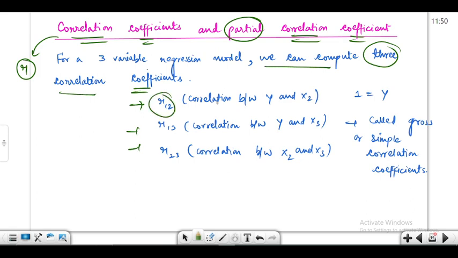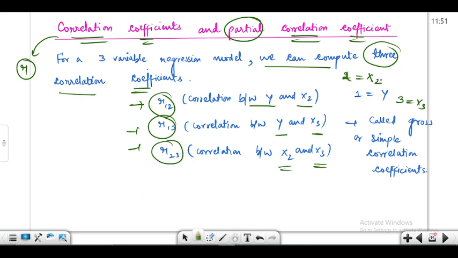R12 is the correlation between your y variable and your x2 variable. R13 is the correlation between your y variable and x3 variable. R23 is the correlation between your x2 and your x3 variable. So 1 is basically for the y variable, 2 is for the x2 variable, and 3 is for the x3 variable.